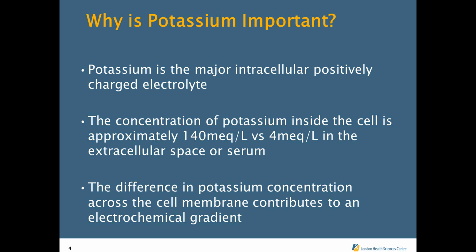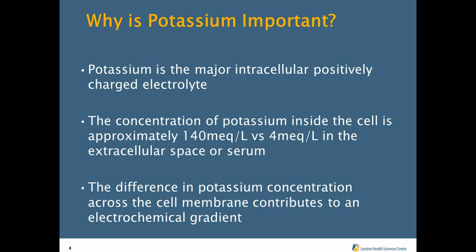There's a lot of potassium inside cells and very little outside of the cell. In terms of concentration, there's 140 milliequivalents inside compared to 4 milliequivalents on the outside. And this difference in potassium concentration becomes really important.